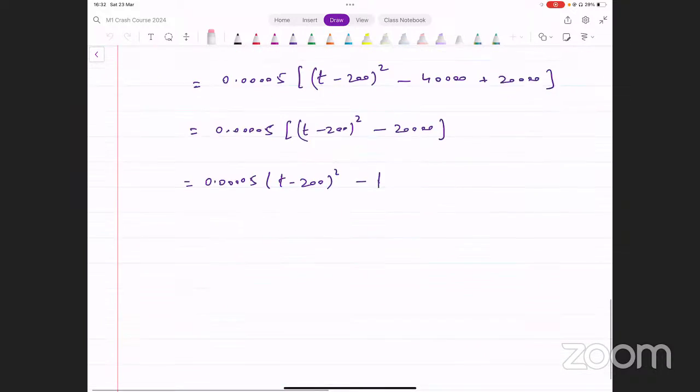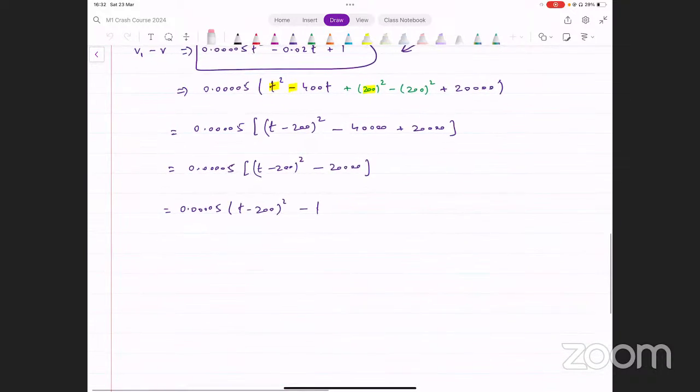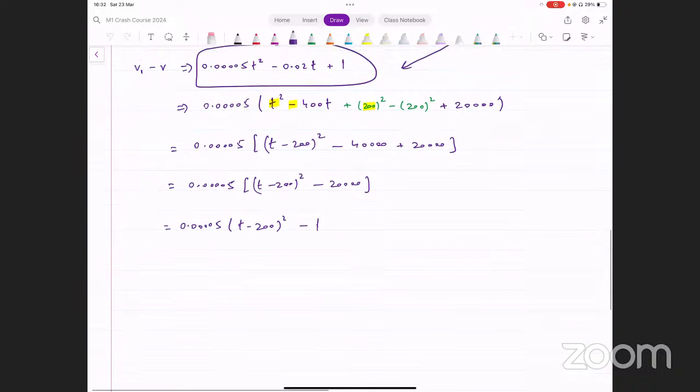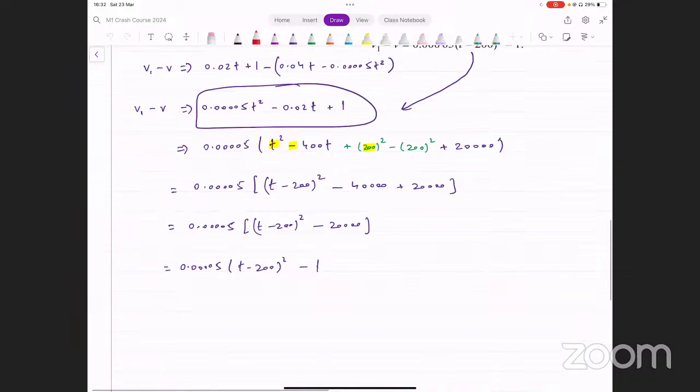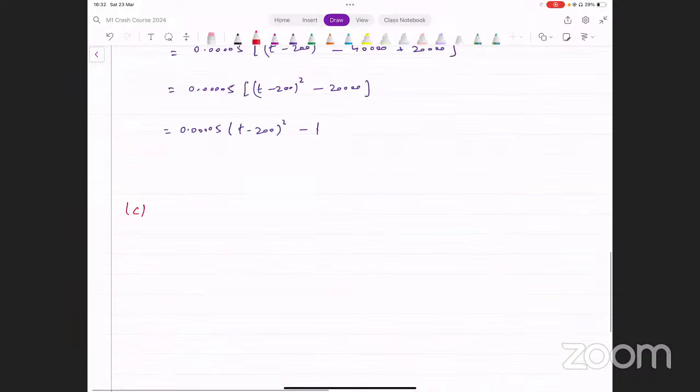We have already found this thing, so this was part B, and the last one is C. We need to deduce. There's a reason why they've asked us to write it in this form first, v1 minus v. Now, once we've done this, let's see how we can prove that v1 minus v is between minus 1 and 1.